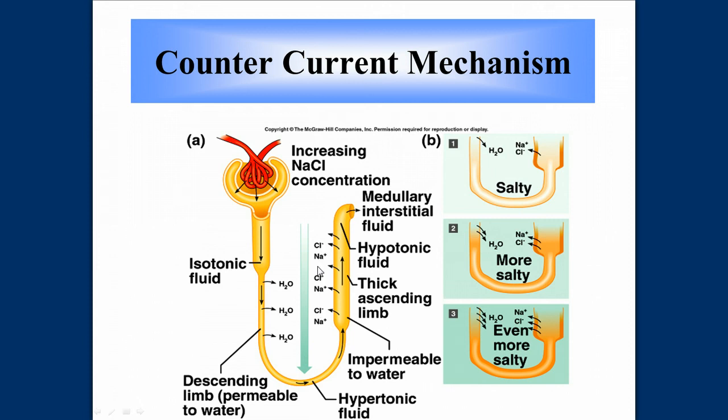Wherever the sodium goes, wherever salt goes, usually water will follow. But wait a minute, this is impermeable to water, so no water is lost here. But since this interstitial fluid is now becoming more salty, it's going to attract the water from over here. The proximal convoluted tubule and the descending limb of the nephron will lose water because it's being attracted by this salt, by this solute.